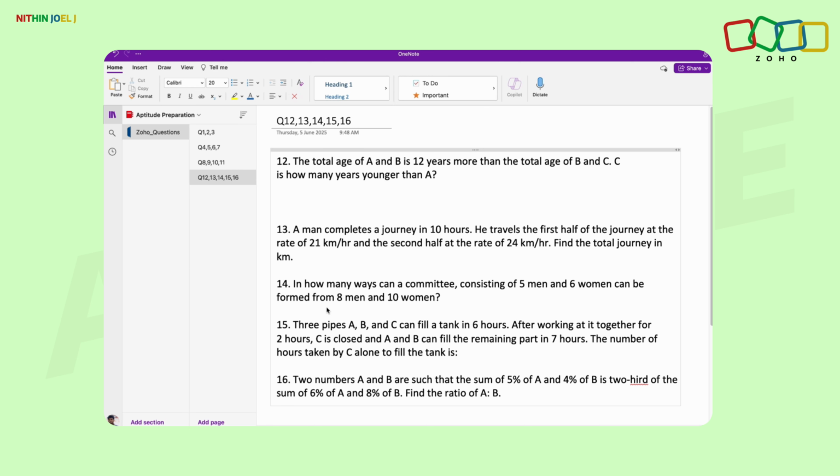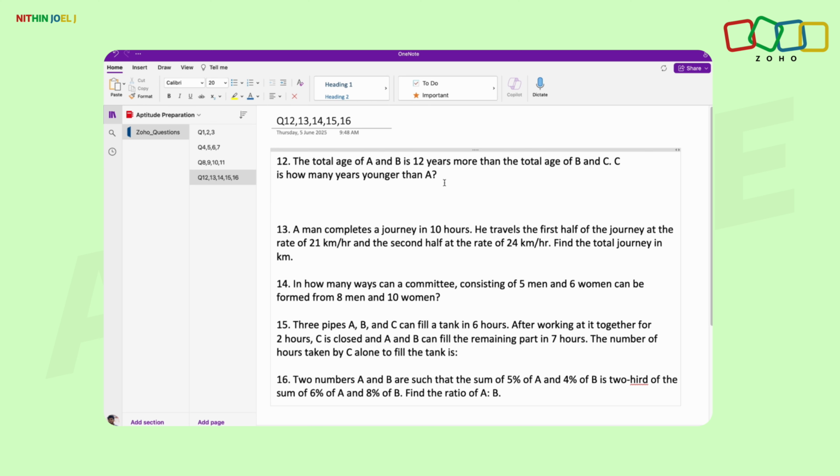Let's continue. The question is: the total age of A and B is 12 years more than the total age of B and C. C is how many years younger than A?